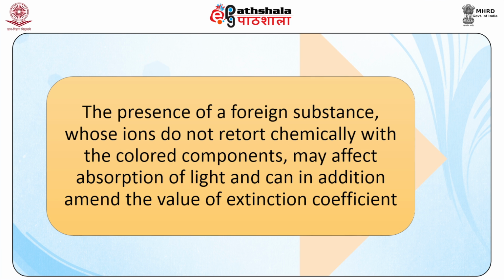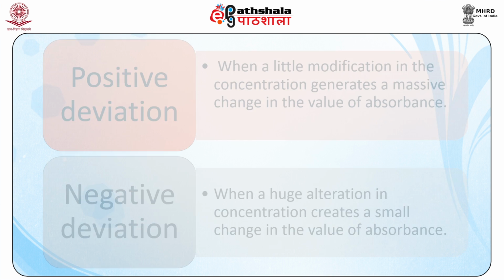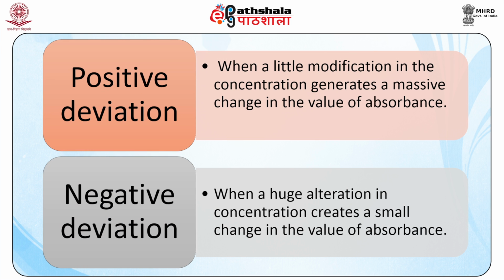The presence of a foreign substance whose ions do not react chemically with the colored components may affect the absorption of light and can in addition amend the value of extinction coefficient. There can be two types of deviations from the Beer's law.